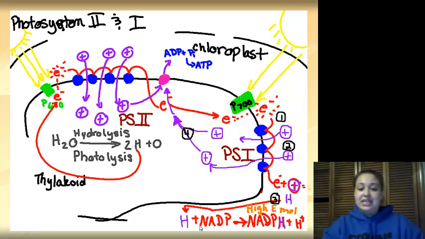The hydrogen is then added to the NADP+ to create NADPH, a high energy molecule. So we've created ATP from our protons moving through ATP synthase, and we've created NADPH. Earlier we saw this oxygen leaving the cell for good, saying bye-bye. So what did we create? Oxygen, ATP, and NADPH.